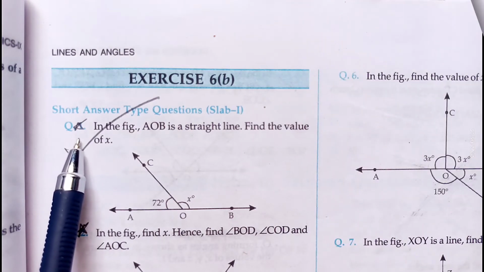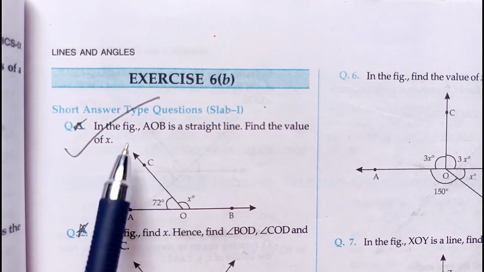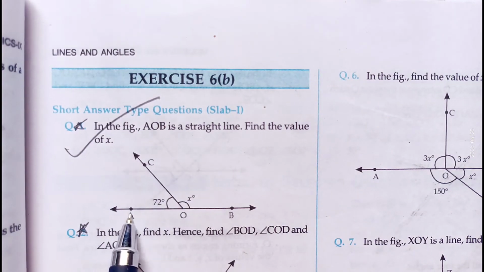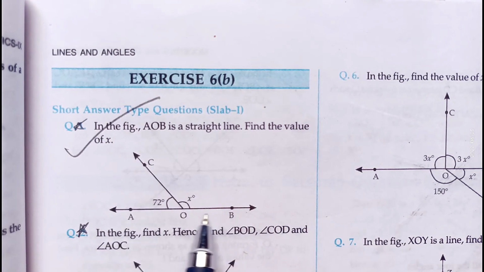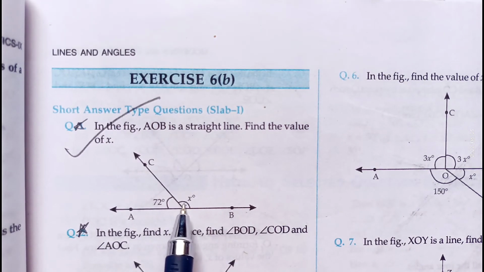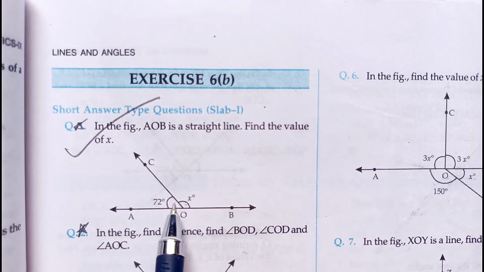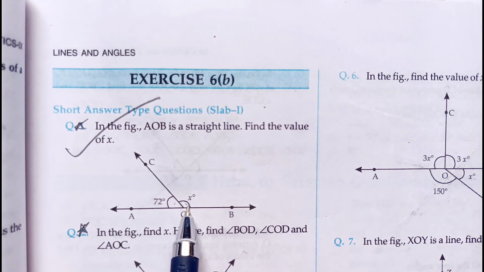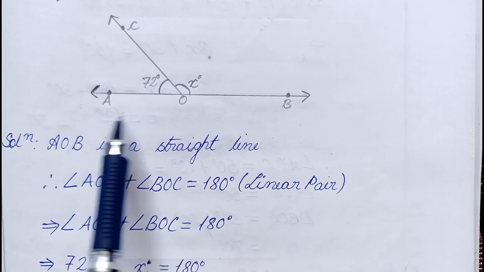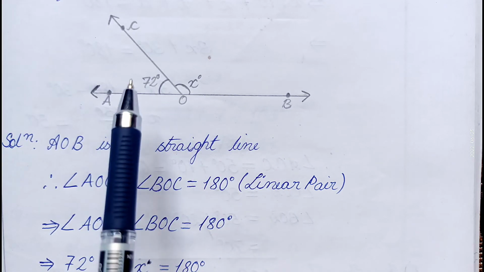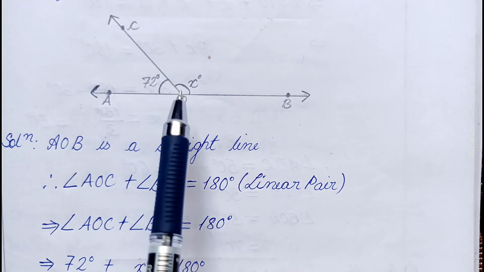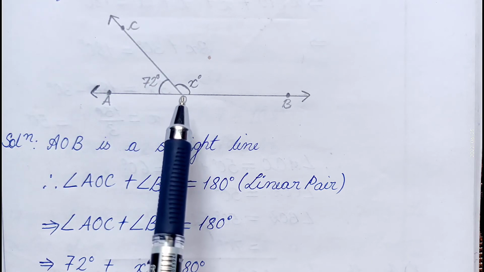In question number 1 of 6B, it is given in the figure that AOB is a straight line. Find the value of x. Here we can see 2 angles which form a linear pair. Since AOB is a straight line, the sum of angles AOC and BOC will be 180 degrees by linear pair.